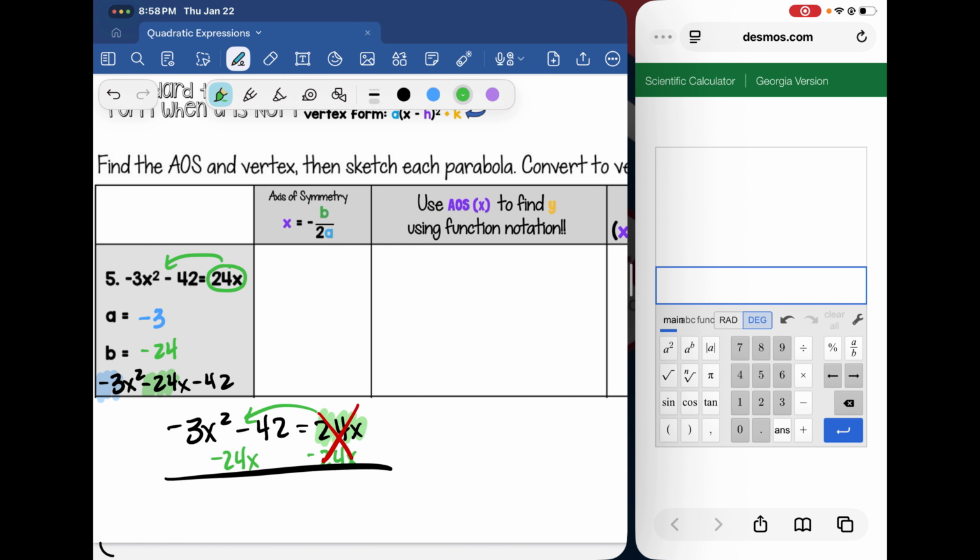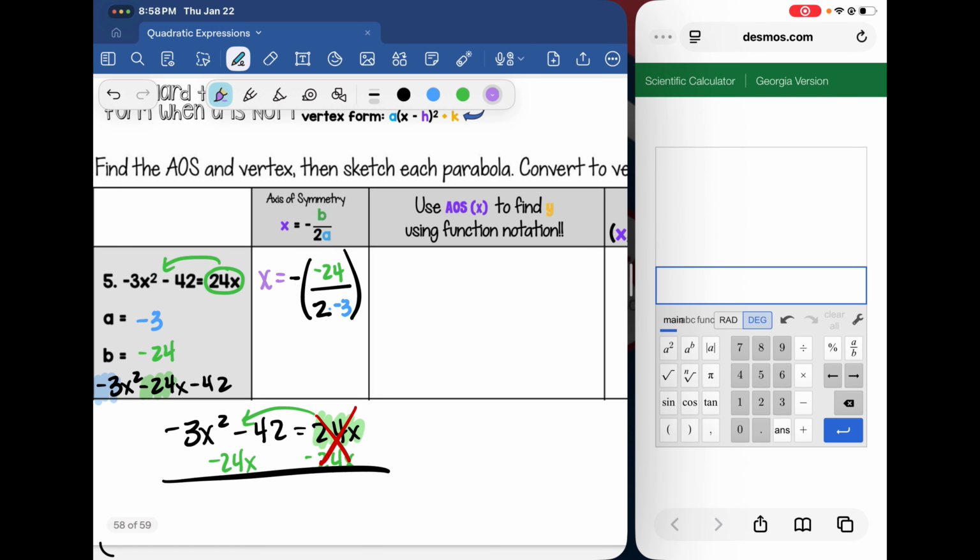Find your axis of symmetry, x is equal to negative b, well, b is negative 24, all divided by 2 times a, which is negative 3. Use your calculator to find the value for x, and you should get x is equal to negative 4.